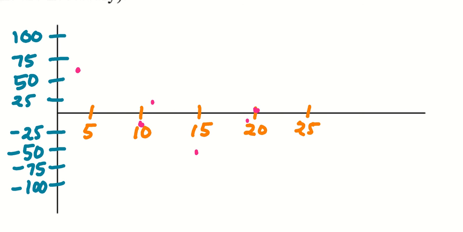And then we had a negative 100 residual at, I guess, 21. And then we had a positive 100 at the highest one, which would have been 26.